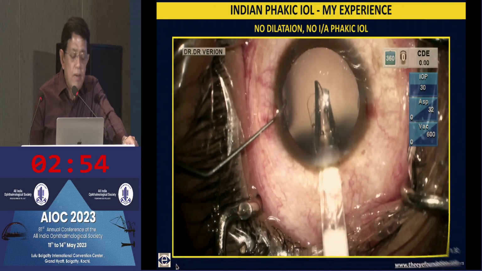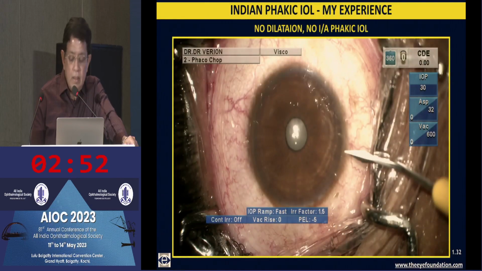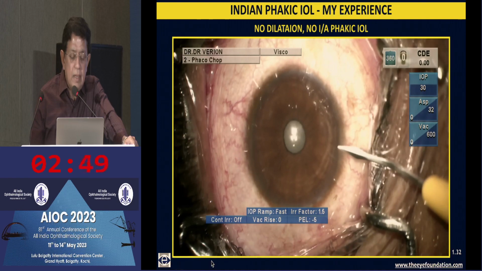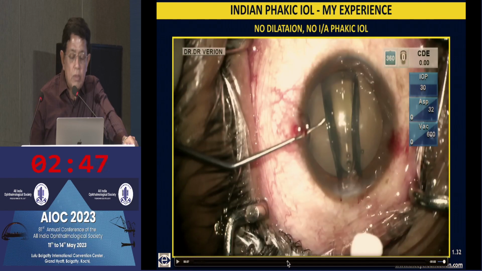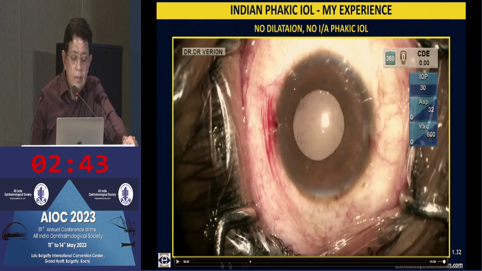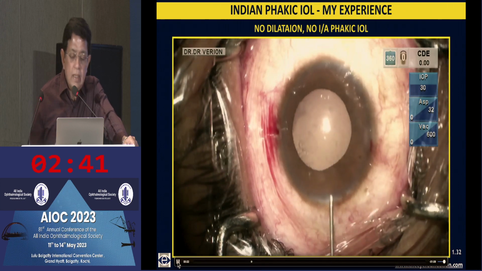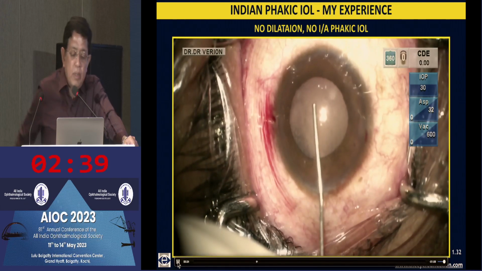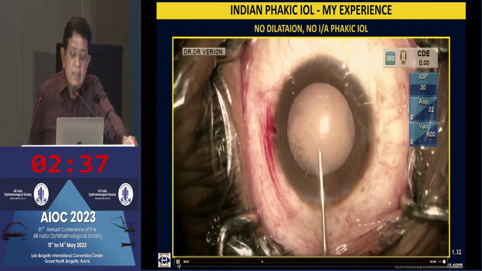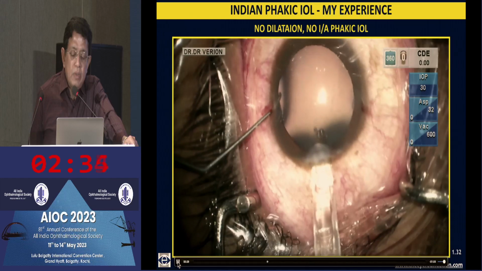For a long time, it used to be said that you should not use cohesive viscoelastic in these cases, because dispersive viscoelastic was what was recommended. But once the Centraflow came up, we have started using the cohesive viscoelastic.